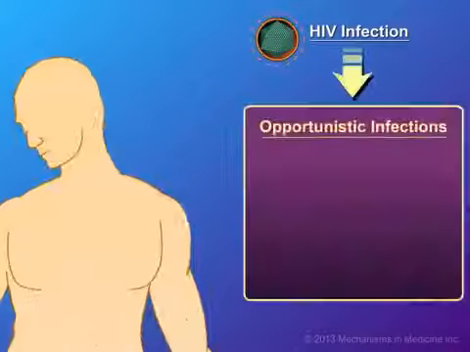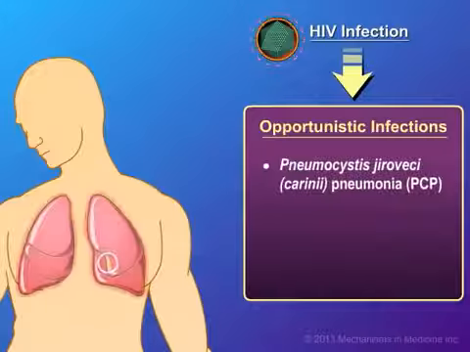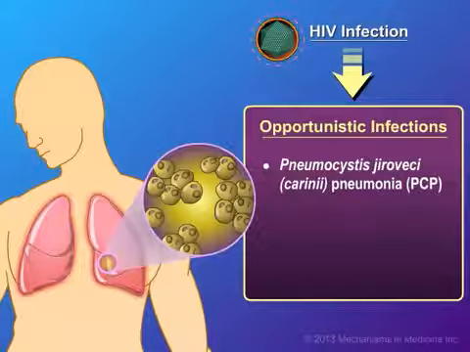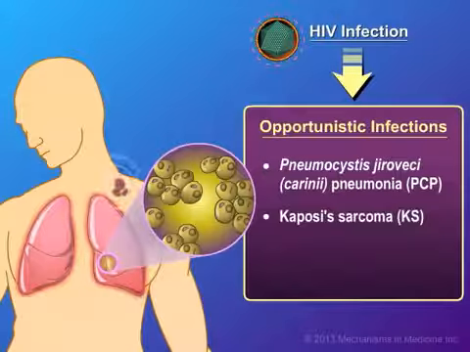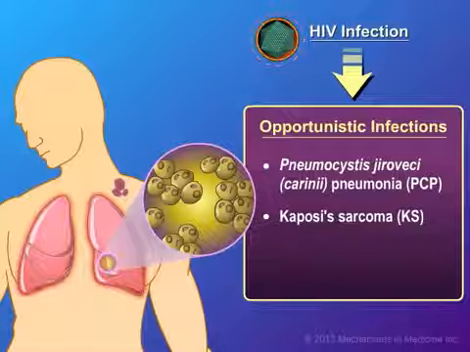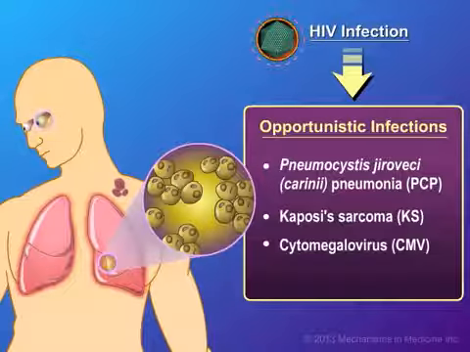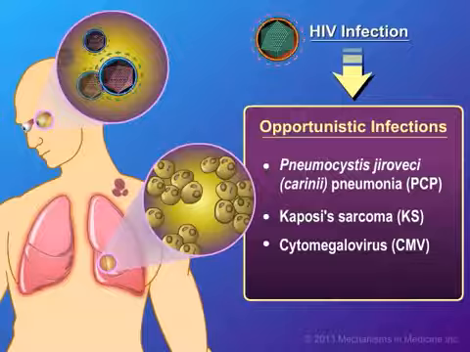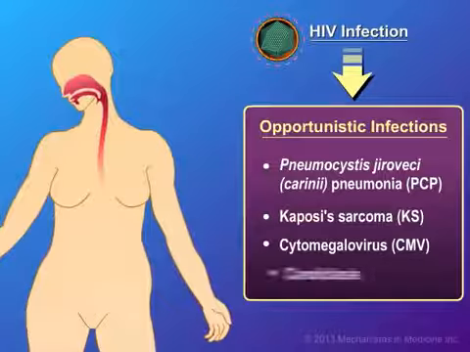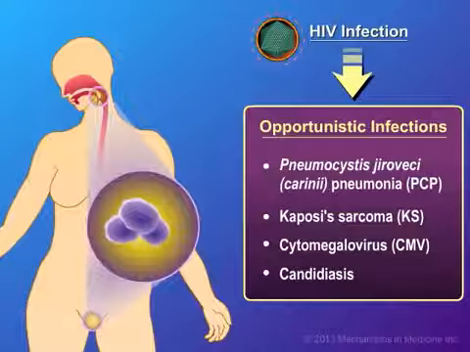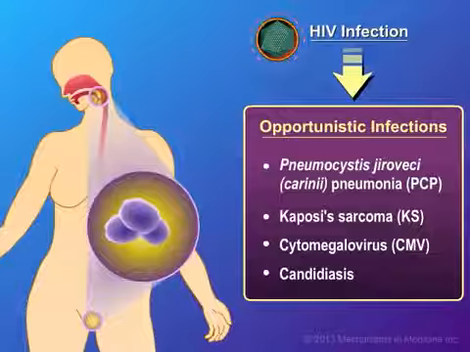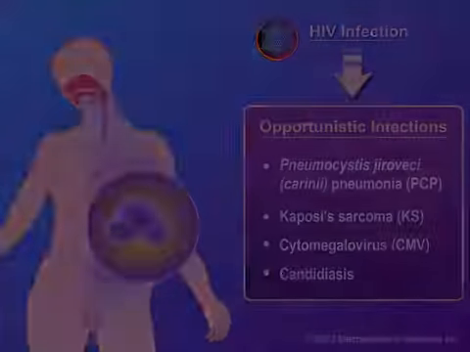The most common opportunistic infections are pneumocystis pneumonia, a lung infection; Kaposi's sarcoma, a skin cancer; cytomegalovirus, a viral infection that usually affects the eyes; and Candida, a fungal infection that can cause oral thrush, a white film in the mouth, or infections in the throat or vagina.